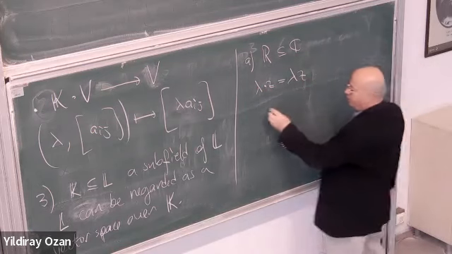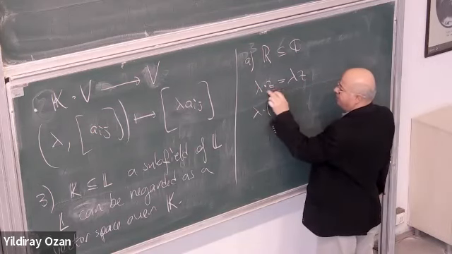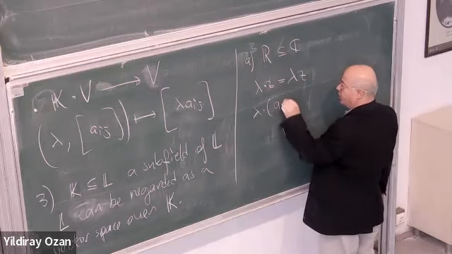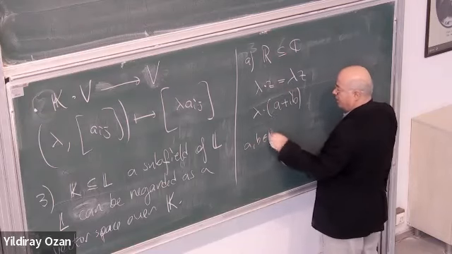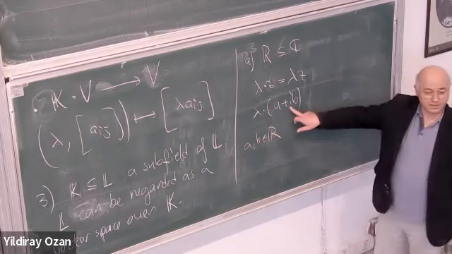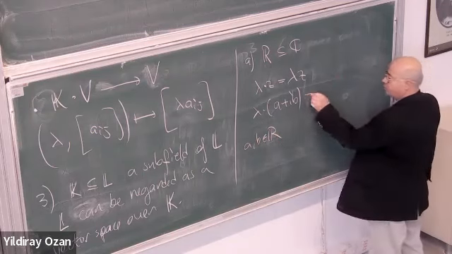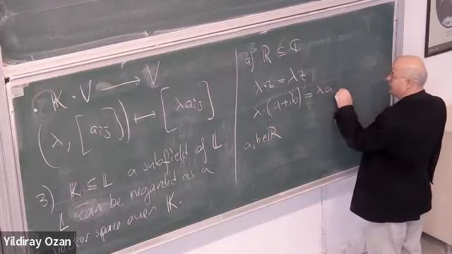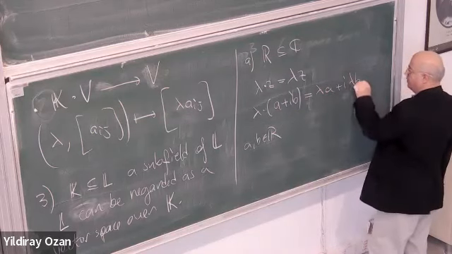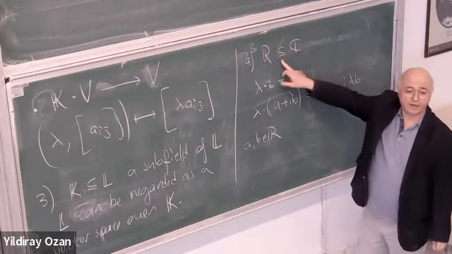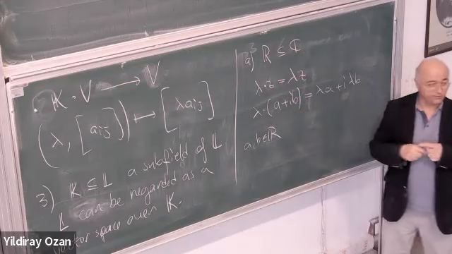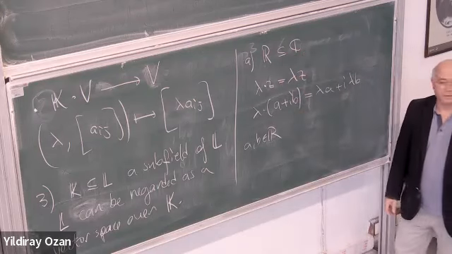Okay? If you want to write it in more detail, maybe in this complex number, you want to write it like a plus bi, where a and b are just real numbers, and i is the imaginary number. So multiplication is just lambda times a plus i times lambda times b. Okay? So this way, C can be regarded as a vector space over the field R.